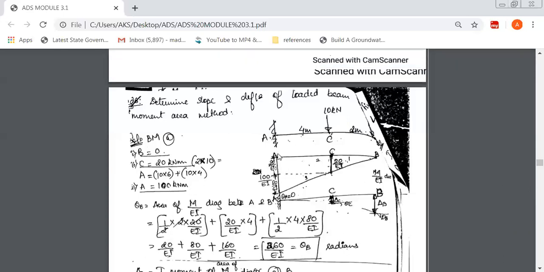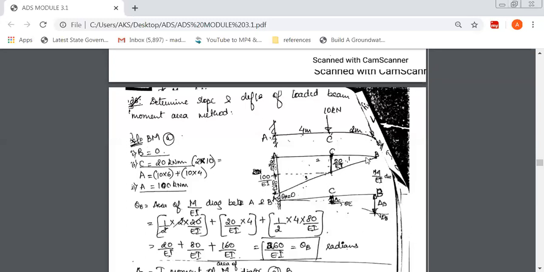So next, our main intention is to draw the M over EI diagram. It's basically the bending moment diagram only, but the denominator will have the EI values. Okay, so you can see here, at B it is 0, at C it is 20, and at A it is 100.